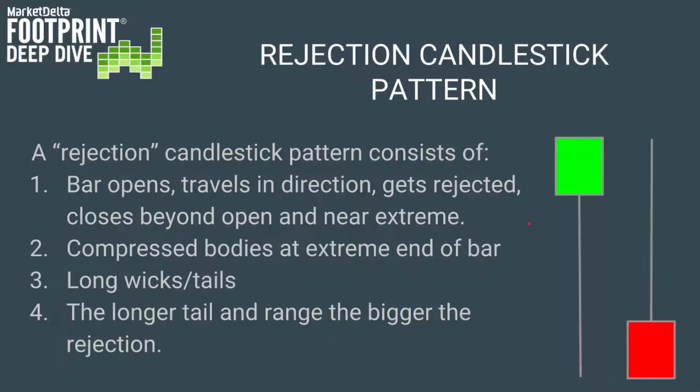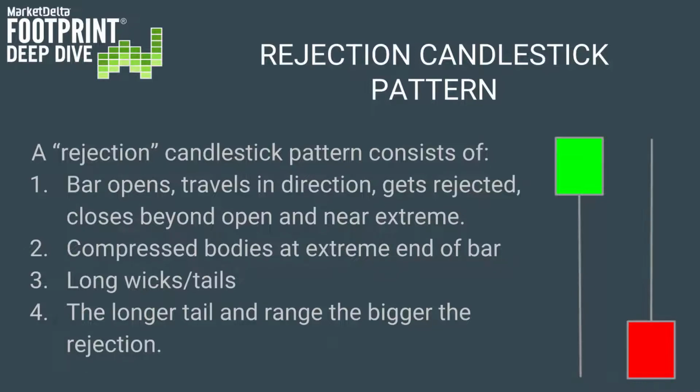It has a compressed body at the extreme end of the bar, and it has long wicks or tails. So a lot of times what you're going to see is the wick or the tail will be 2 or 3 times the length of the body. The longer the tail and range, the bigger the rejection.